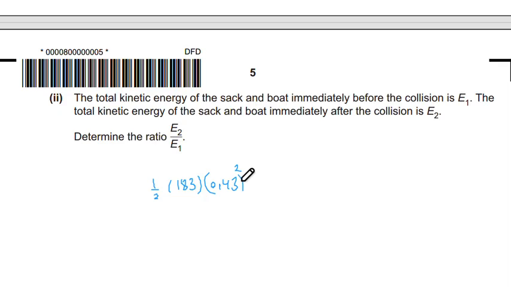This is half mv squared over E1, also half, and the only mass that had velocity before was the mass of the sack, which is 23, and it was 3.4 meters per second, all squared. We can certainly remove half with half and use a calculator to find the answer as 0.13.